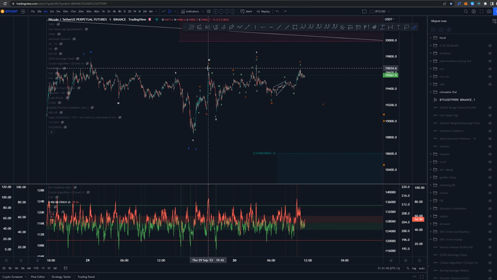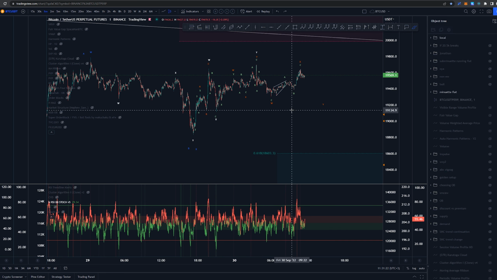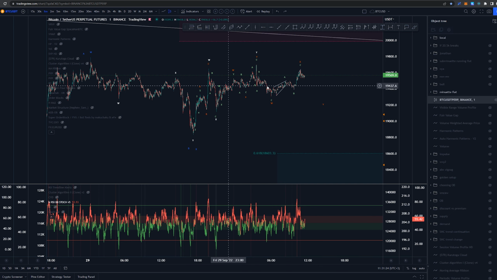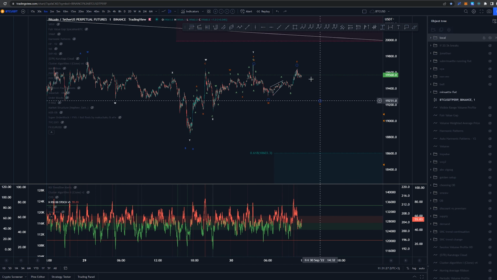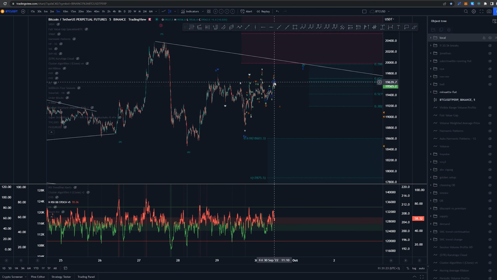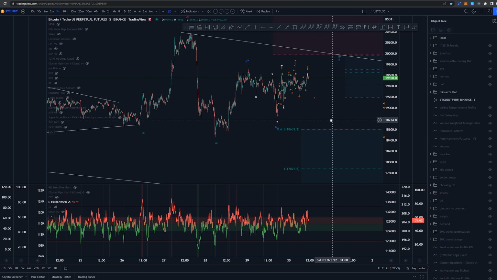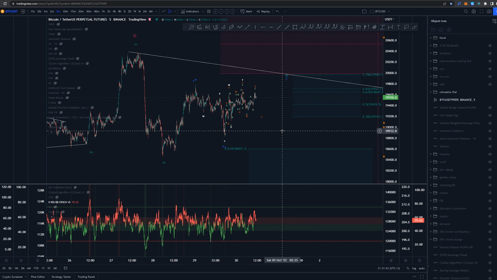Sure, you could be playing this swing failure pattern here and taking shorts based on that. There's nothing wrong with that, but that is just my style of trading that I've shown you examples of. Probably more possibilities coming soon, I'm sure. But I feel like that is pretty much all I wanted to cover today.